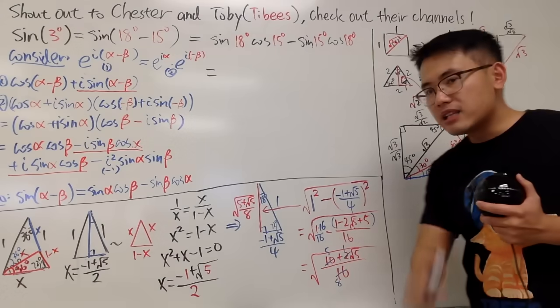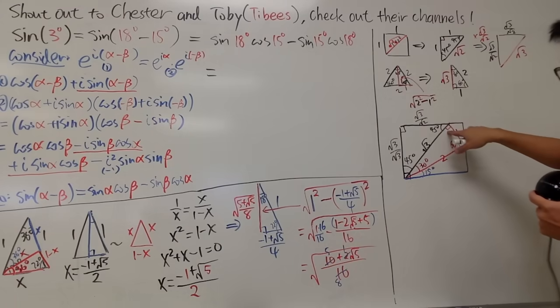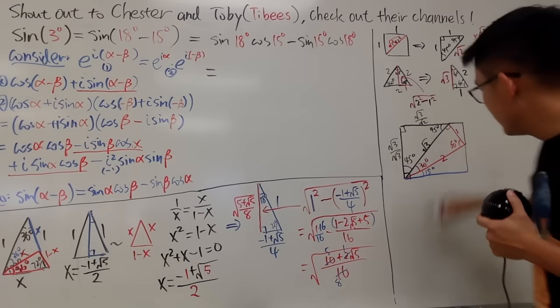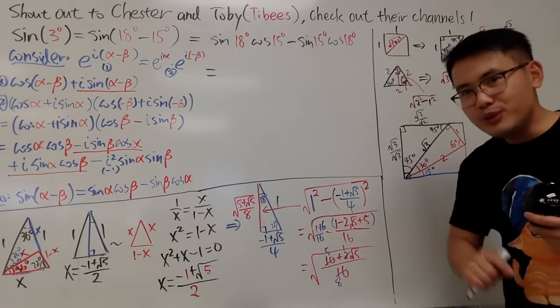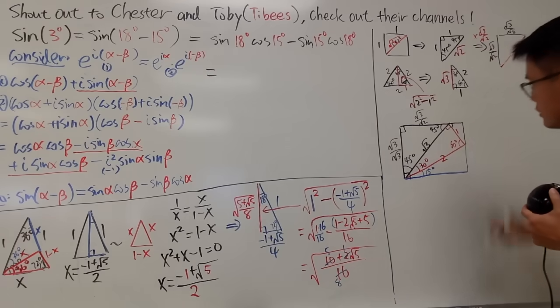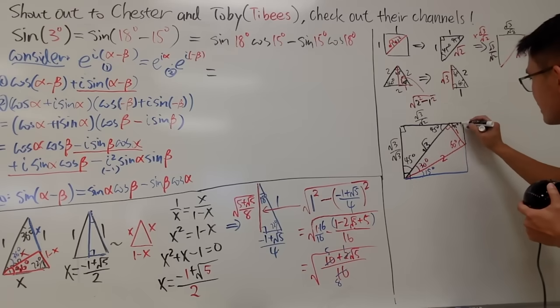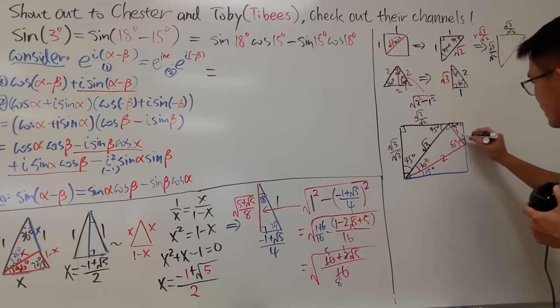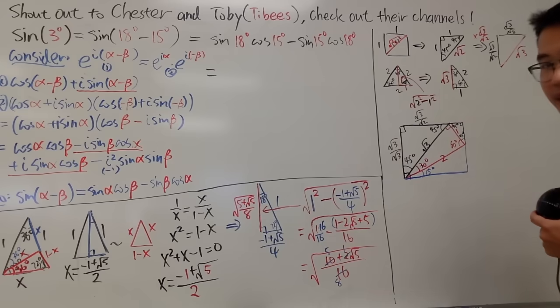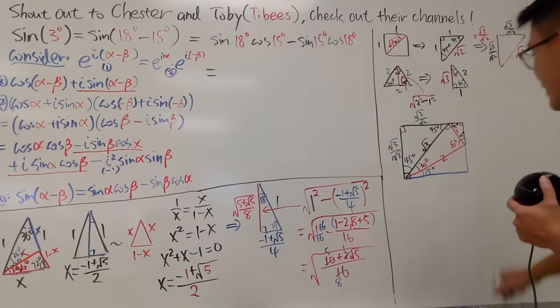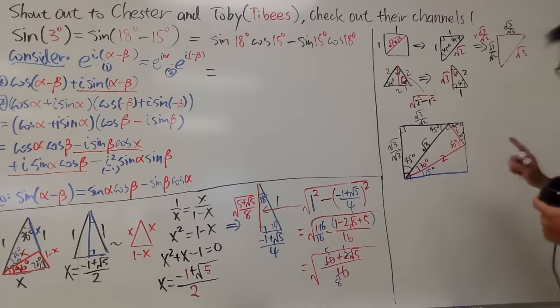But the deal is that, you see, this is 90, this is 45, and they form a straight line. So the good news is that this right here is also 45 degrees. So is this, because again, we have a right triangle. So this is so much easier, so this is so nice.